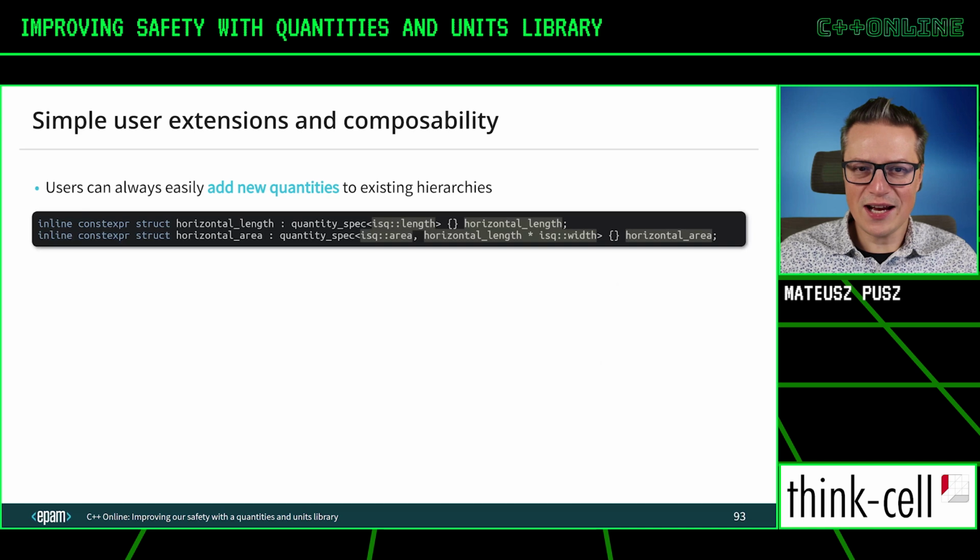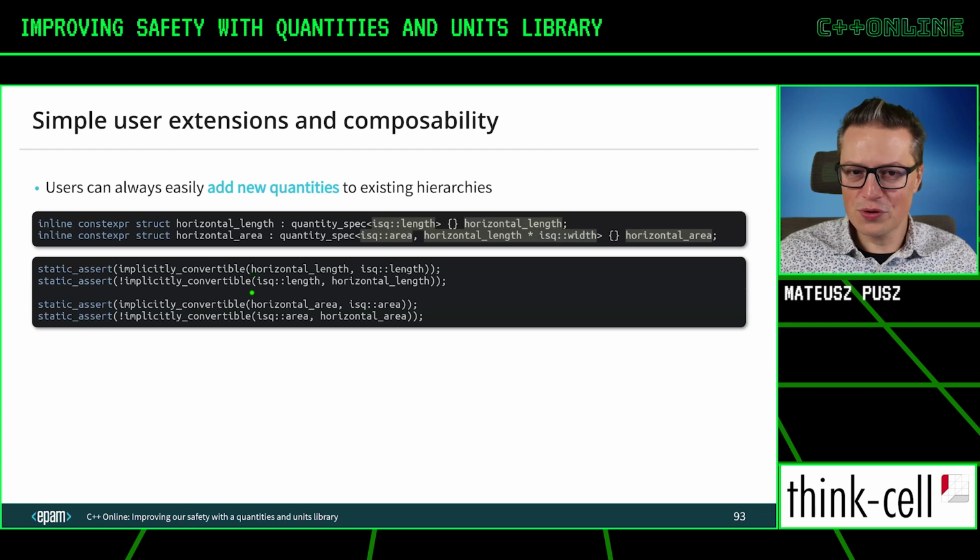And users can easily add new quantities to existing hierarchies. It's easy to extend. So you can specify, I have horizontal length being some kind of length, right? And you may have horizontal area that is a specialized version of area where the recipe is horizontal length times width. And then all of the rules work here as well.